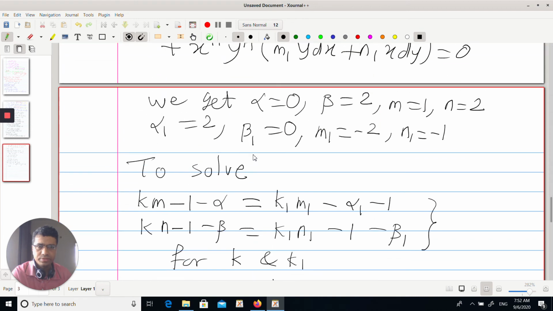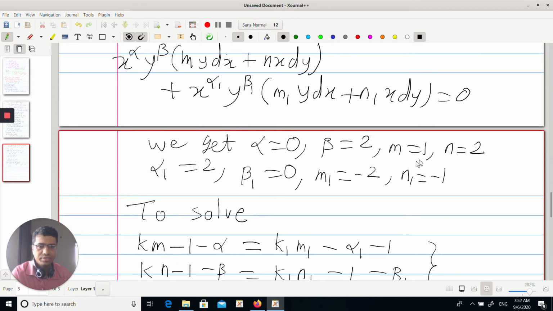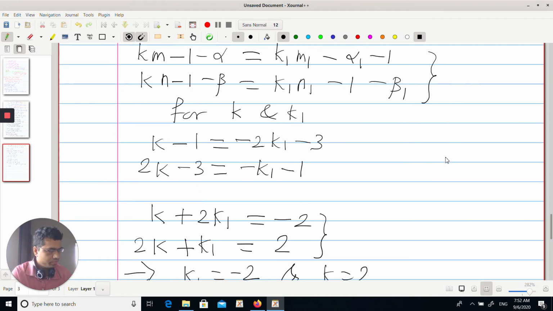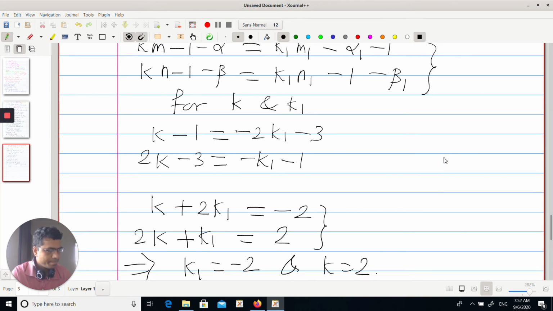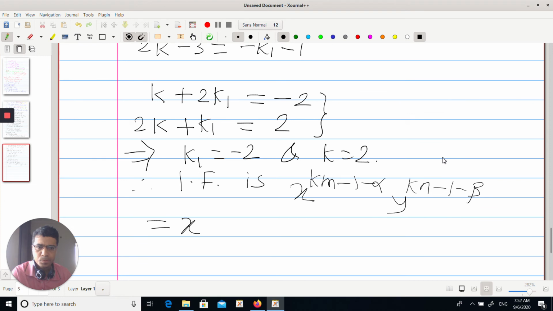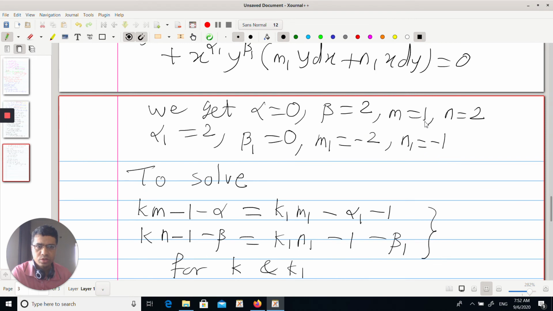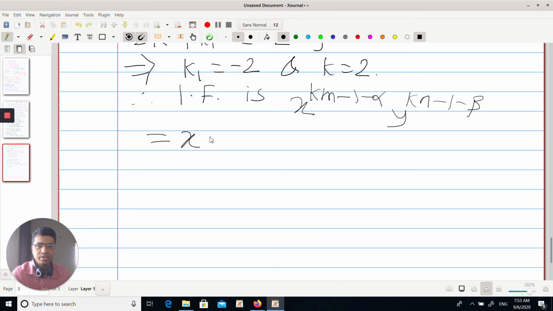Similarly, kn minus 1 minus beta: k is 2, n is again 2, so it is 4 minus 1 minus beta. 4 minus 2 is 2, minus 1 it is 1, so it is again y.